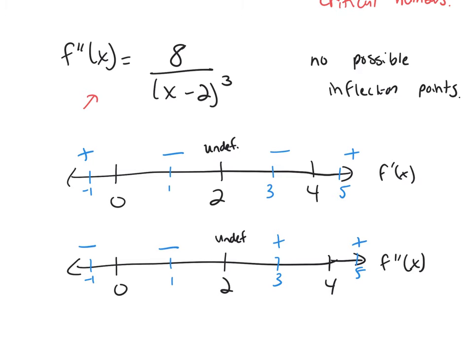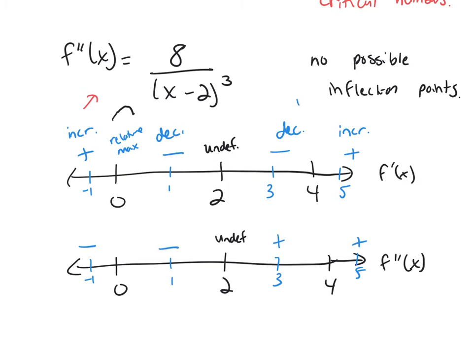So again, what do these mean? For the first derivative, positive means increasing. Here I get decreasing. So here my function was increasing and then decreasing, so this is a relative max.